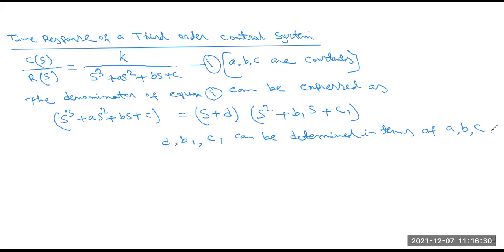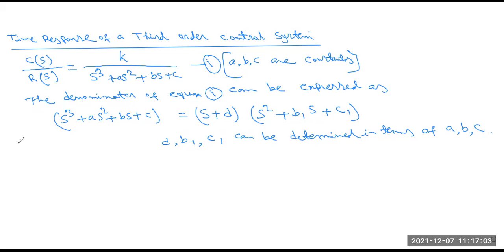In the denominator part, we have two expressions involving A, B and C, which are the constant terms in the third order control system. We express the equation in this pattern, where D, B1 and C1 are determined from the earlier terms.